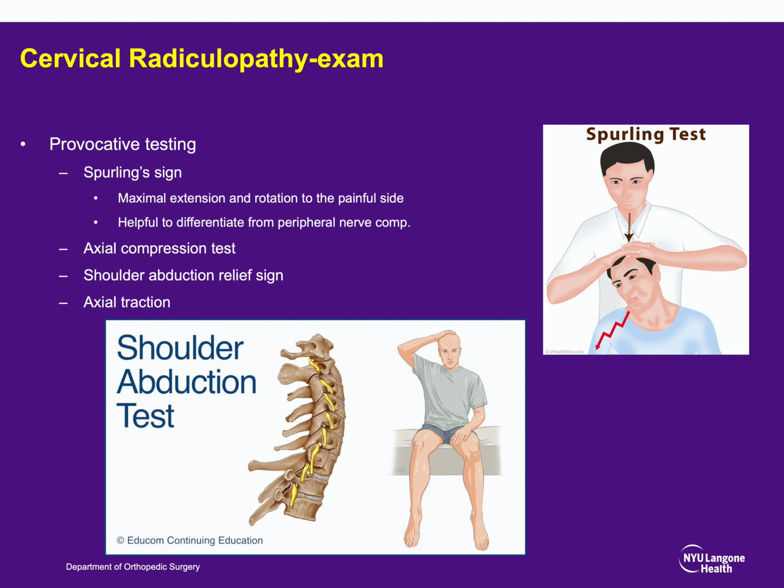It basically produces slack on the nerve root, therefore alleviating some of the radiating symptoms. And oftentimes you can stand behind the person and provide an axial traction, and in cases of acute cervical disc, the patient will report significant improvement with this maneuver.